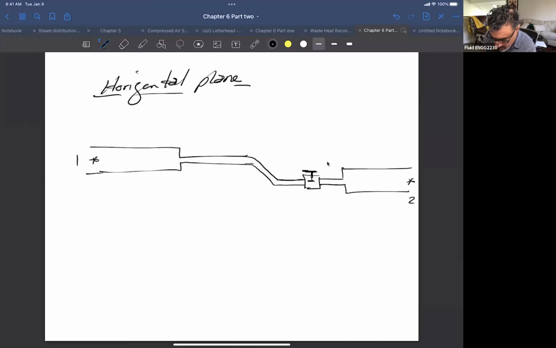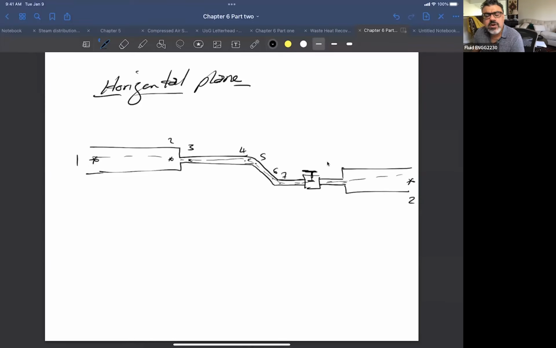Now the flow is going like this, so between 1 and 2 and 3, 4, 5, 6, 7, and so on.